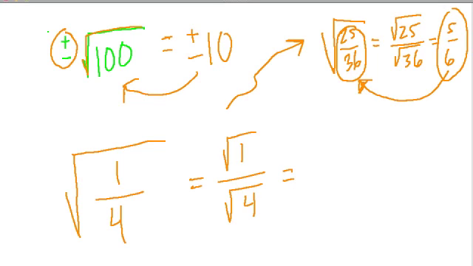That's going to happen here as well. Square root of 1 is 1, or we don't know what we're looking for, it's positive or negative 1. And then the square root of 4 is positive or negative 2. Now, they didn't give us the sign here for positive or negative roots, but if we did look for both, we get a couple of options. In the first one, I could have a positive numerator and positive denominator. In the second one, I could have a negative numerator and a negative denominator, which ends up still being 1/2.